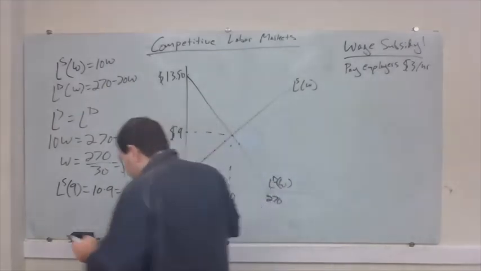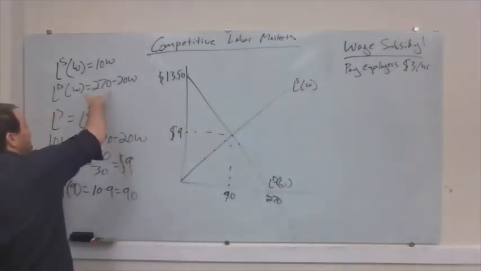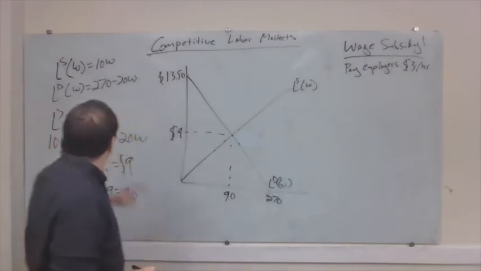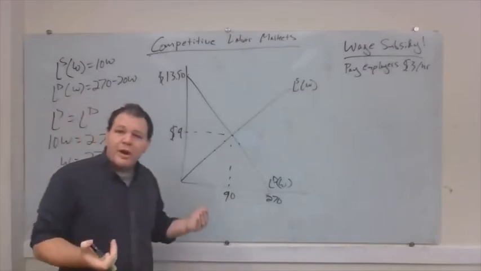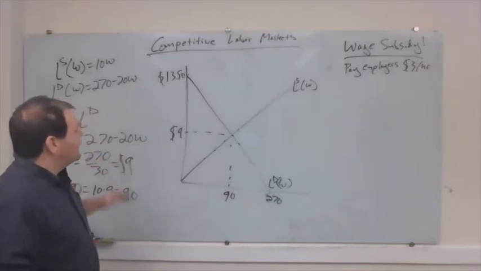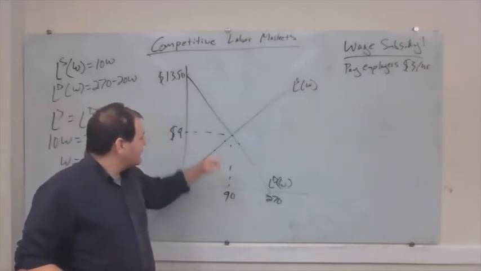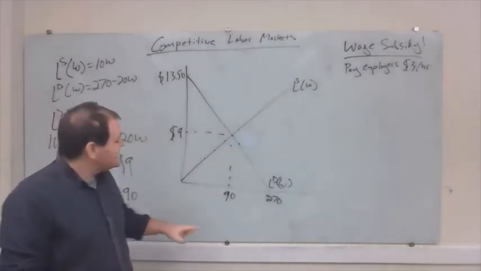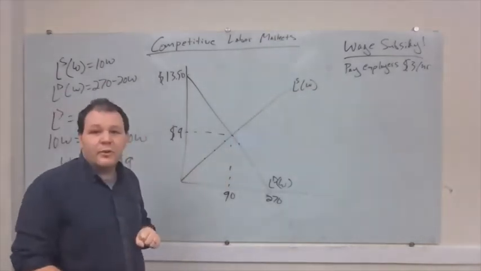So if we do this, let's think about how demand for labor is going to change. Well, our labor demand is telling us our marginal revenue product, right? In other words, when we say that at 90 hours worked, we'd be willing to pay $9 an hour, what this is telling us is that the 90th worker is producing $9 worth of stuff.